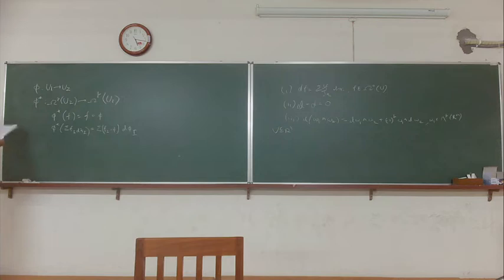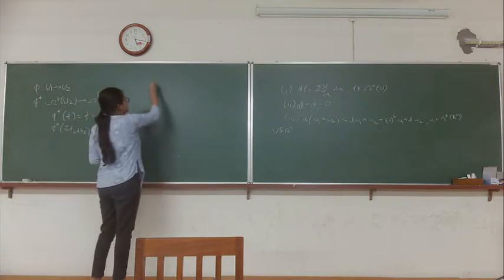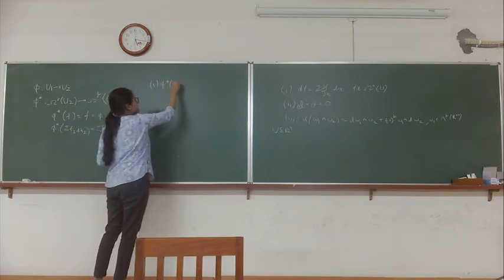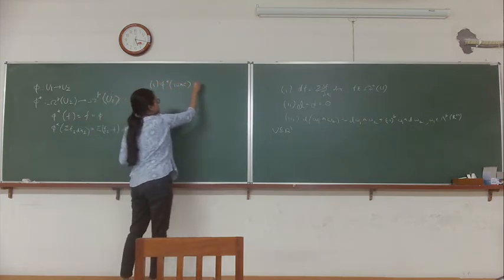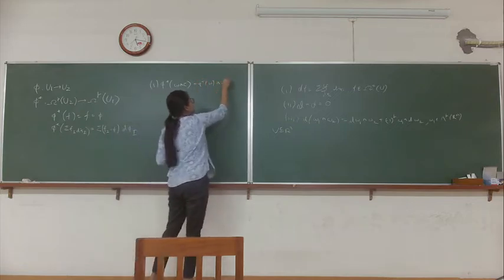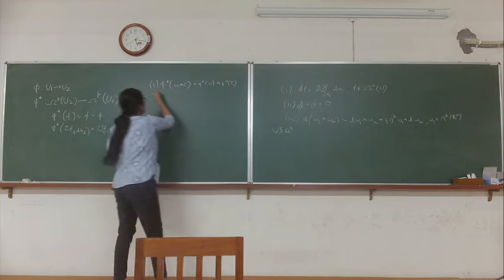So now phi star has 4 important properties, and one is phi star distributes over the wedge product: phi star of omega wedge tau is phi star omega wedge phi star tau.